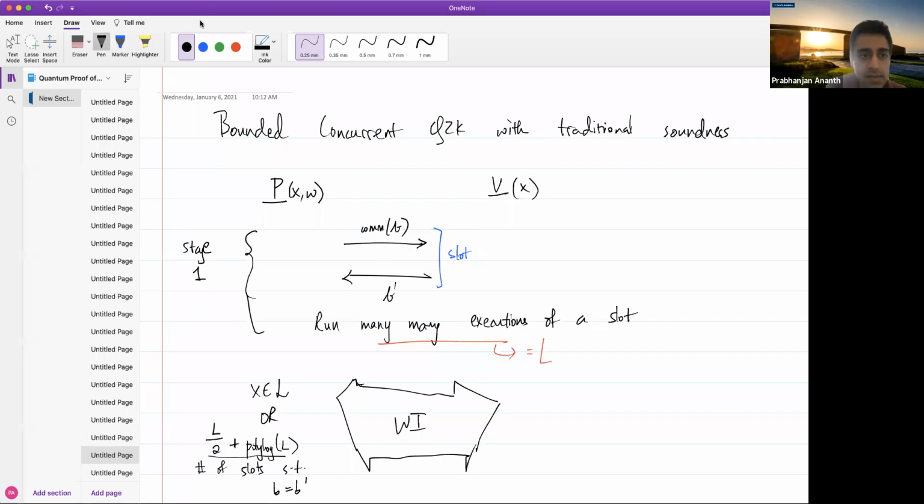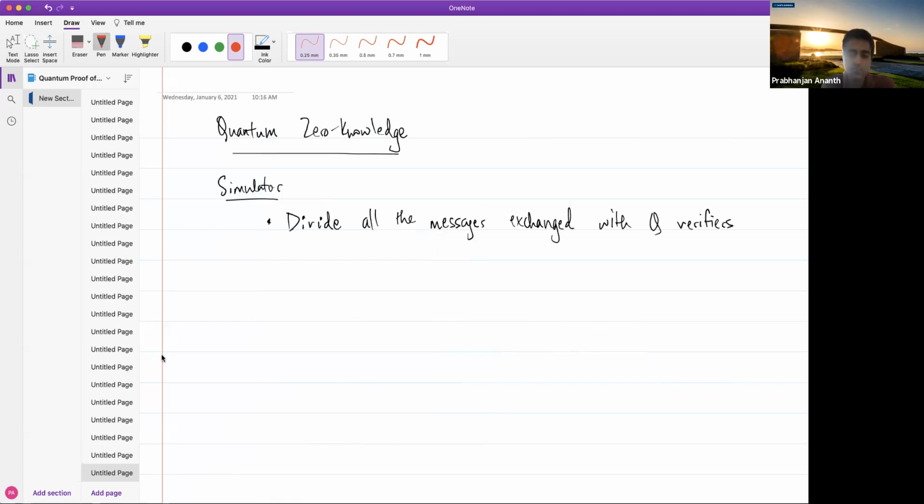I must say here that L is a function of Q and lambda. And each block is sufficiently large, okay?